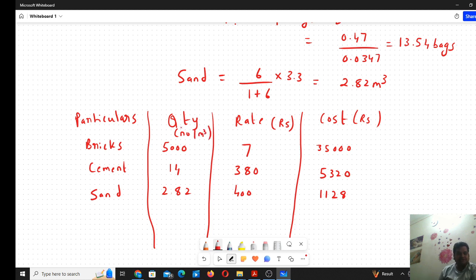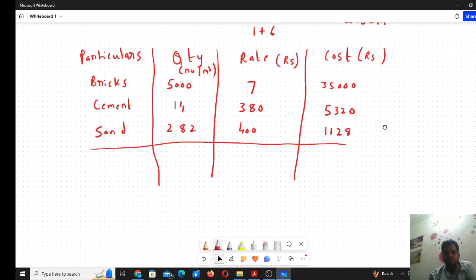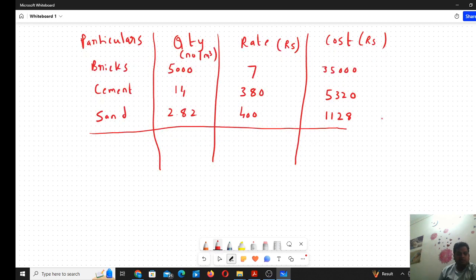Now sand is done. So these are the three major ingredients for the BBM mortar. Now coming to the next part, which is the labor charges.